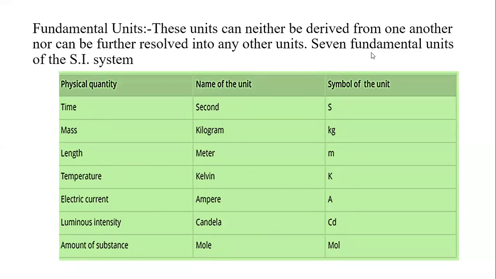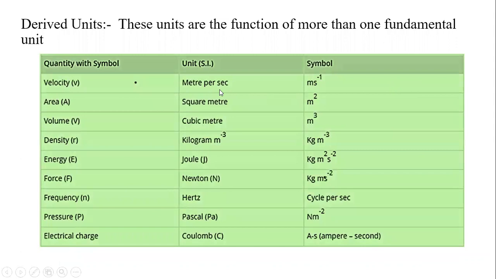Derived units are those units which are derived from the fundamental units. For example, velocity. The unit of velocity is meter per second. Speed is equal to distance upon time, or velocity is equal to displacement upon time.